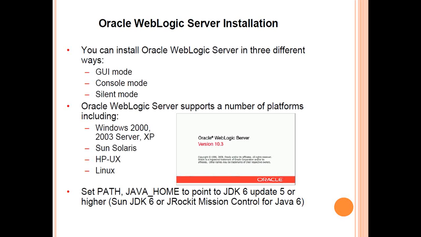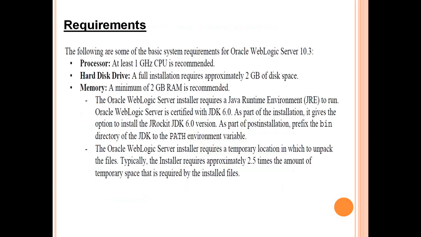And the hard disk, that means the installation directory, wherever you select the installation directory of WebLogic, it should have at least 2 GB of space. So for that directory I should have space to create at least 2 GB of files. So the hard disk requirement would be at least 2 GB.